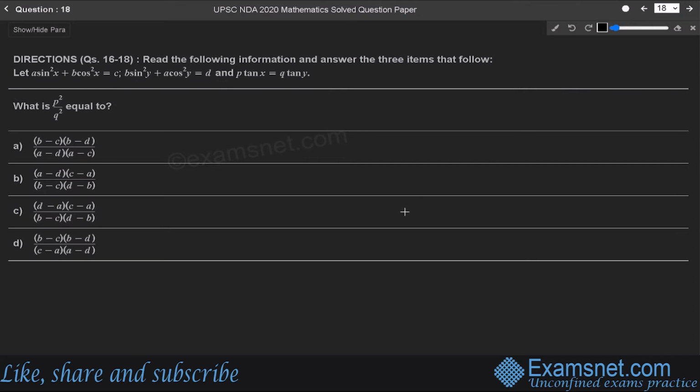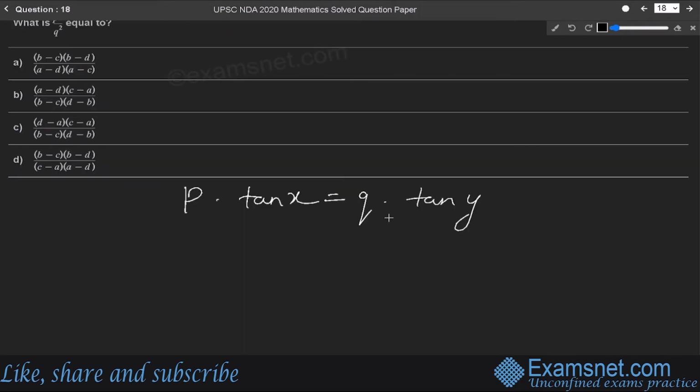Again the directions are same, but in this question we have to find what p square upon q square is equal to. So now let us use the third part, which is p into 10^x is equal to q into 10^y. Now squaring both the sides, we will get p square 10^(2x) is equal to q square 10^(2y).